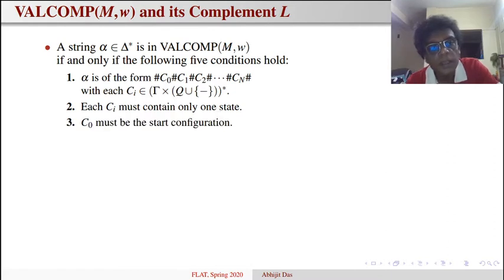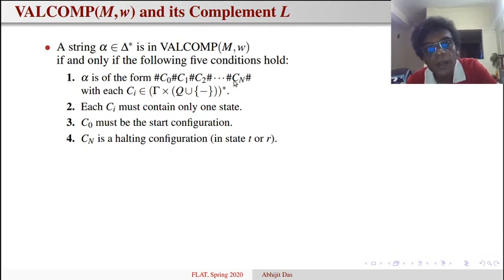Third condition: C0, the first configuration, must be the start configuration. And the fourth condition is that the last one must be the halting configuration. Of course, we have assumed that the halting configuration may be reached somewhere in between. But if that happens, then that configuration remains constant. If Ci is a halting configuration, then I assume that Ci plus 1, Ci plus 2, all the way up to Cn are all the same as Ci.